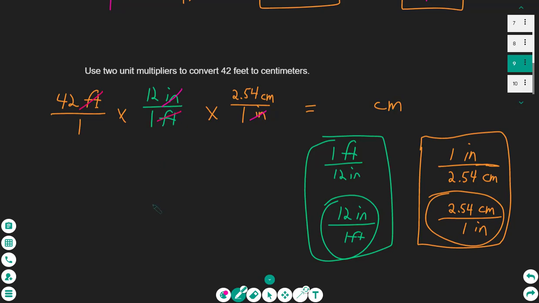Okay, so now we end up with just multiplying this out. We have all ones in the denominator, so that just disappears. In the numerator, we have 42 times 12 times 2.54.